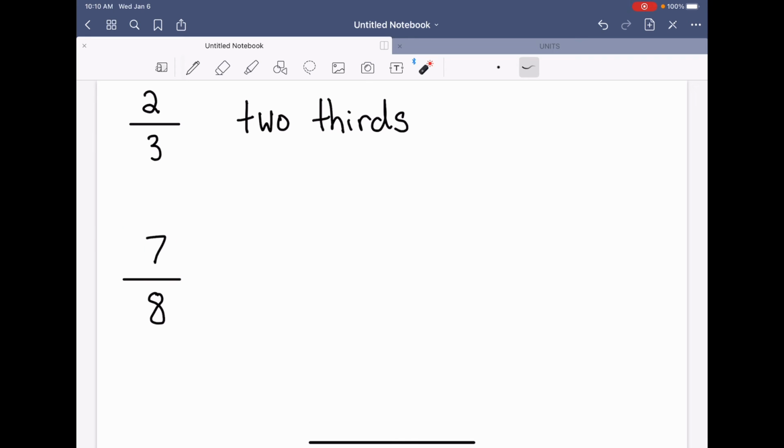So this time, we're going to read it as 7/8. And we can write it that way too, 7/8.